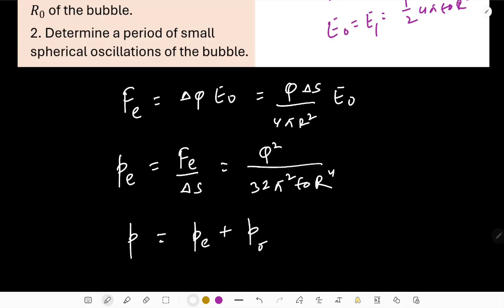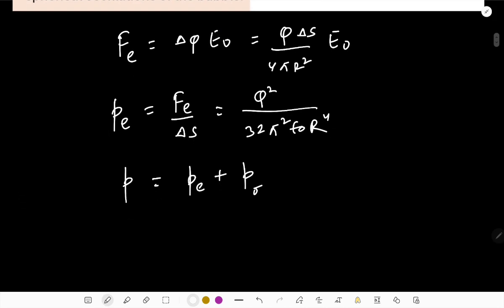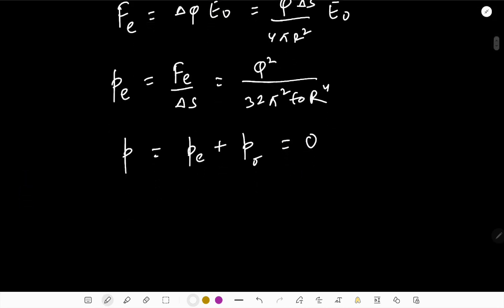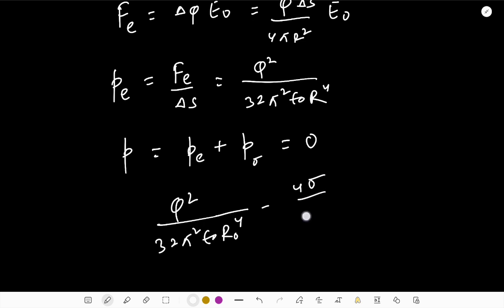In equilibrium, this net pressure is going to be 0, so Q square by 32 pi square epsilon naught R naught to the power 4, minus 4 sigma by R naught, equals 0. The equilibrium radius is R naught.